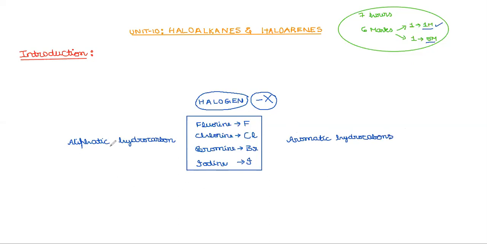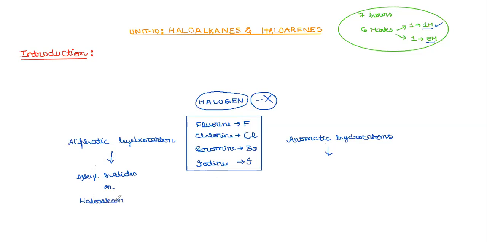If one or more hydrogen atoms in an aliphatic hydrocarbon are replaced by any of the halogens, they are called alkyl halides. Alkyl halides are also called haloalkanes.